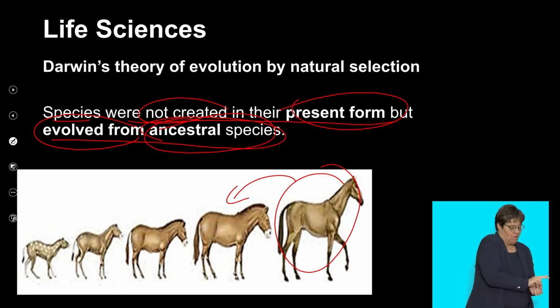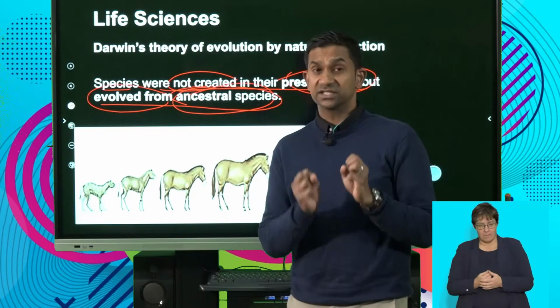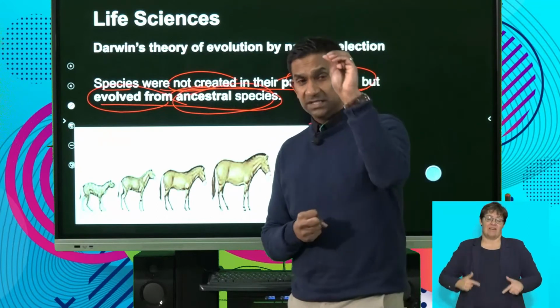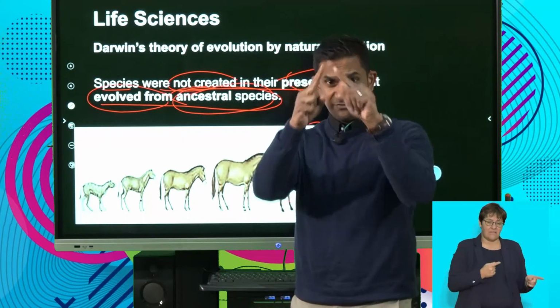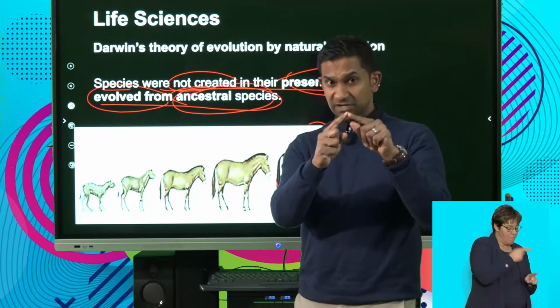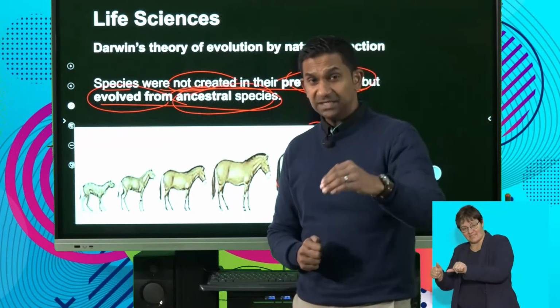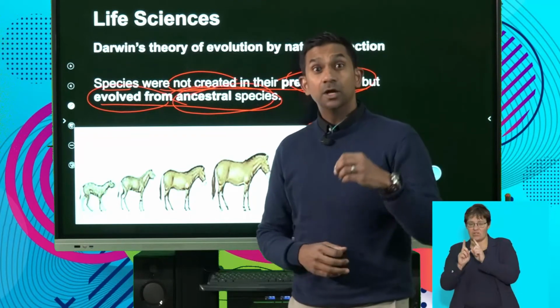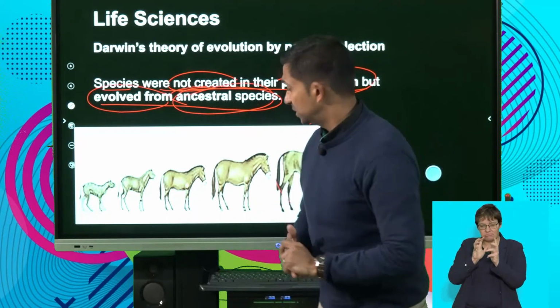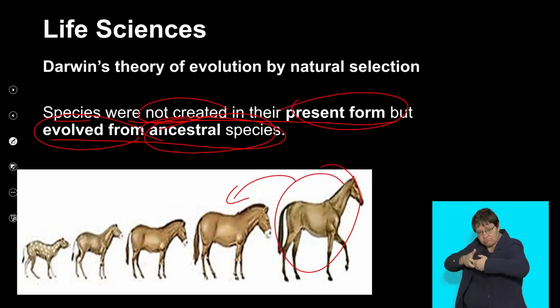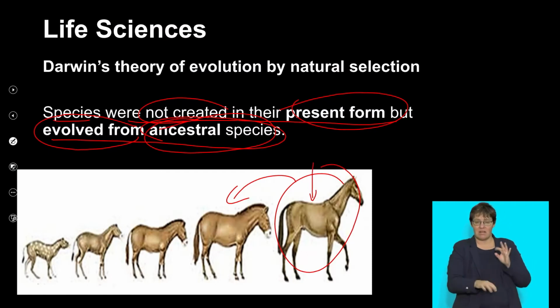And that essentially points to what I refer to as the tree of life: individuals have gradually developed from one generation to the next, or from one species to the next, becoming different, becoming better suited to the environment. So in this simple illustration, we need to recognize that this current species that exists evolved from something that existed in the past.